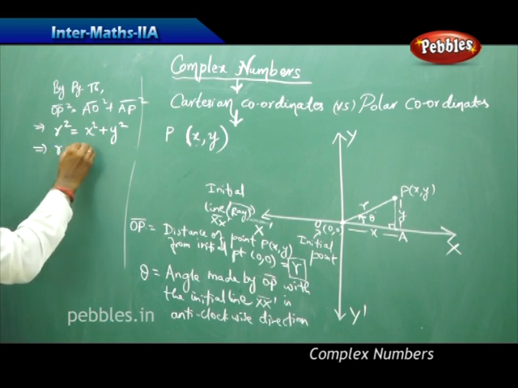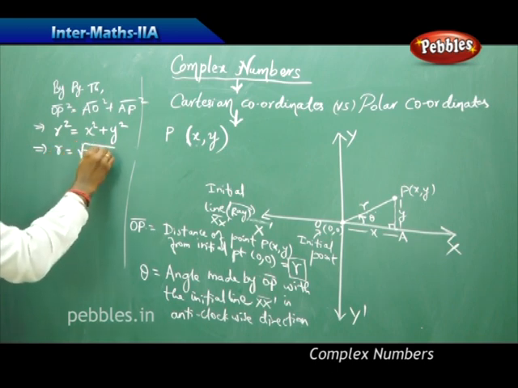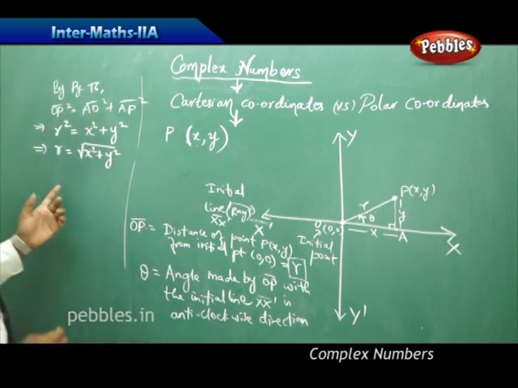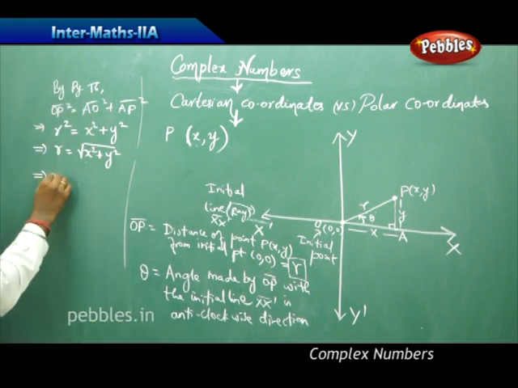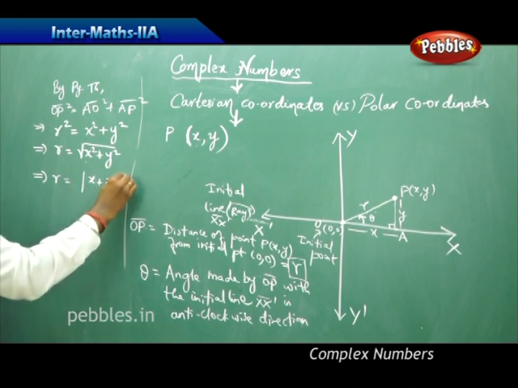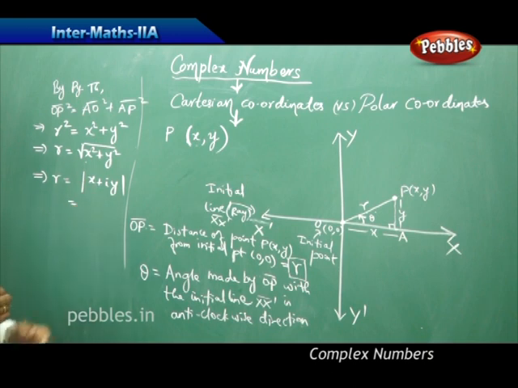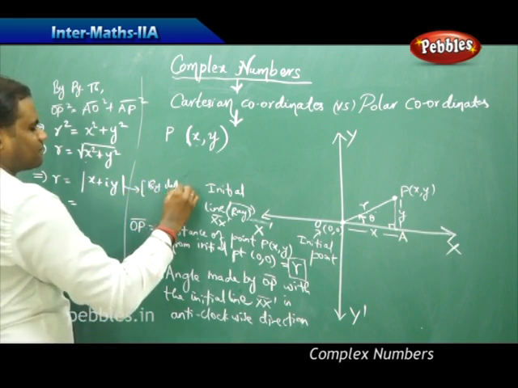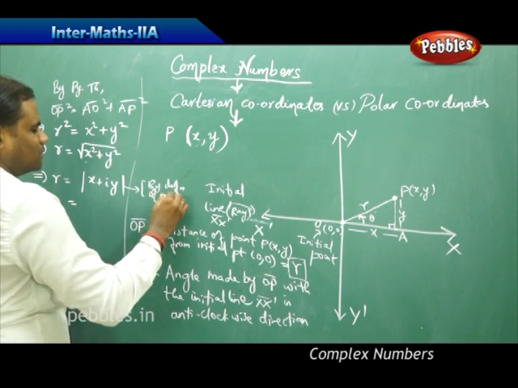That implies my r is root of x square plus y square, and therefore this is mod of x plus iy, by definition of modulus.